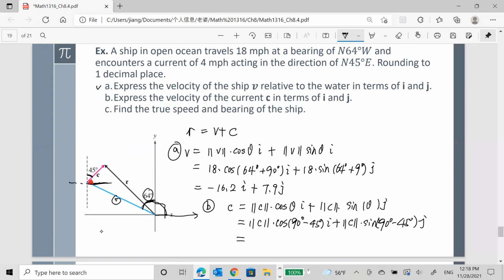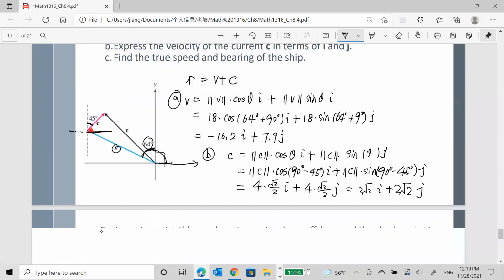And c is 4. So 4 times cosine 45, which is square root 2 over 2, i plus 4 times square root 2 over 2 j. That's 2 square root 2 i plus 2 square root 2 j. So this is A and B.